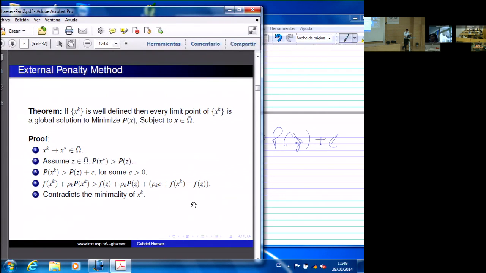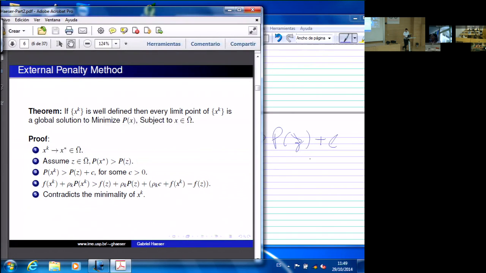So this term is converging to f of x star. So this is bounded by some constant, and this is unbounded. Rho k is going to infinity, and c is positive. So in particular, this term must be positive for sufficiently large k.